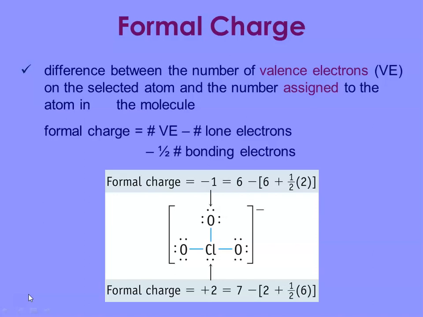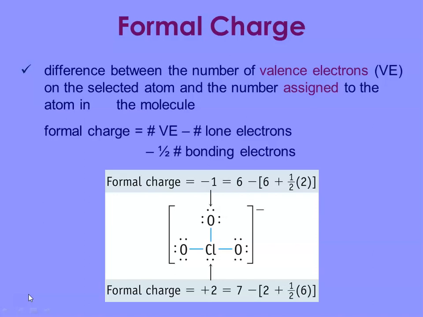To determine the formal charge of oxygen to be -1, we would take the valence electrons present in oxygen, 6, and we would take from that the 6 lone electrons, the 3 lone electron pairs, which would give us 6, and half of the electrons in the bond, 2.